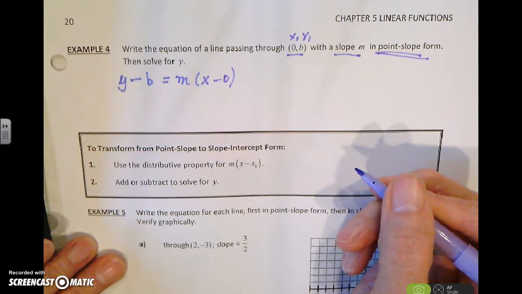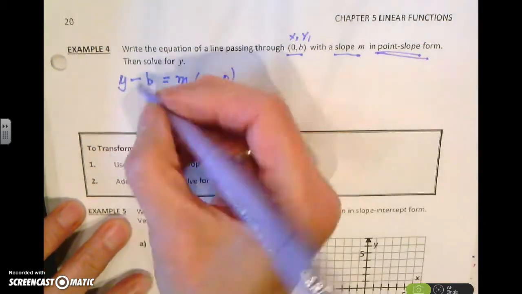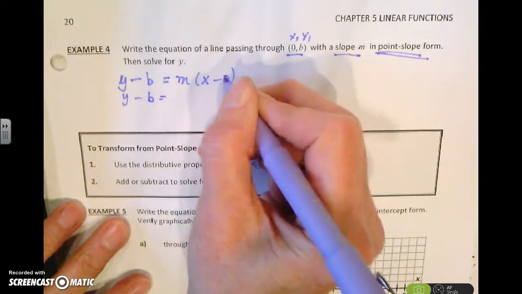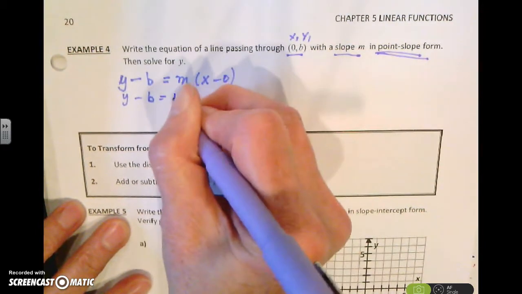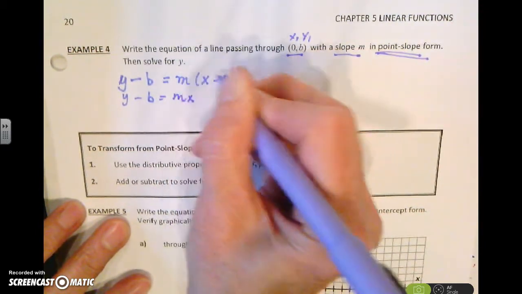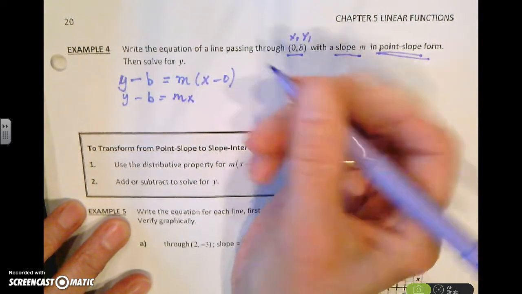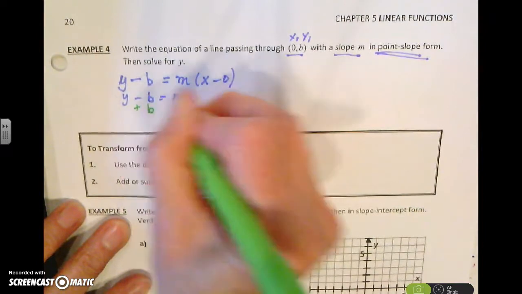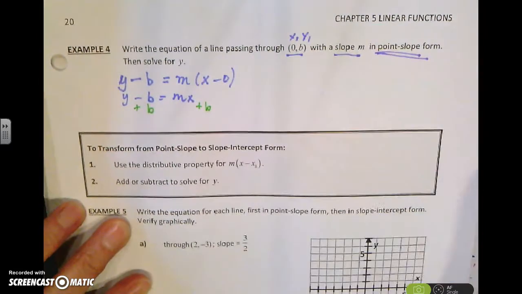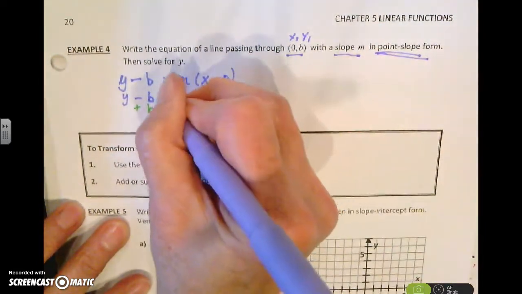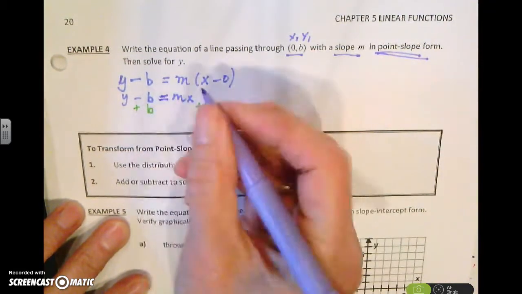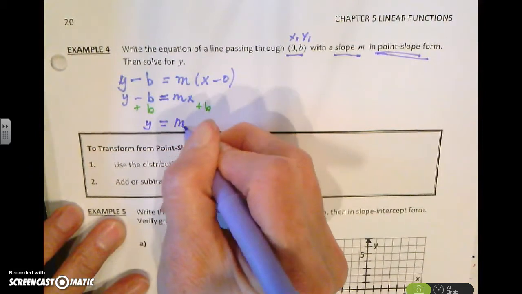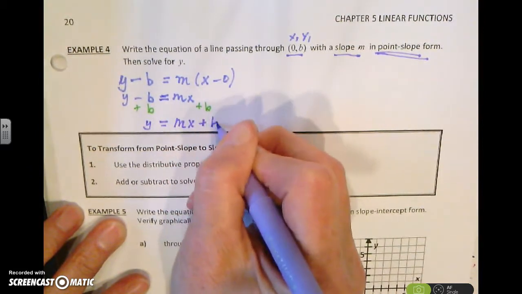I'm going to then simplify it so I can solve for y. So I have y minus b. When I distribute my m, I get m times x is mx, and then m times 0 is 0. Then I want to solve for y, so I'm going to add b to both sides of the equation. I have an equation, so I can do that. And it's going to leave me with y is equal to mx plus b.